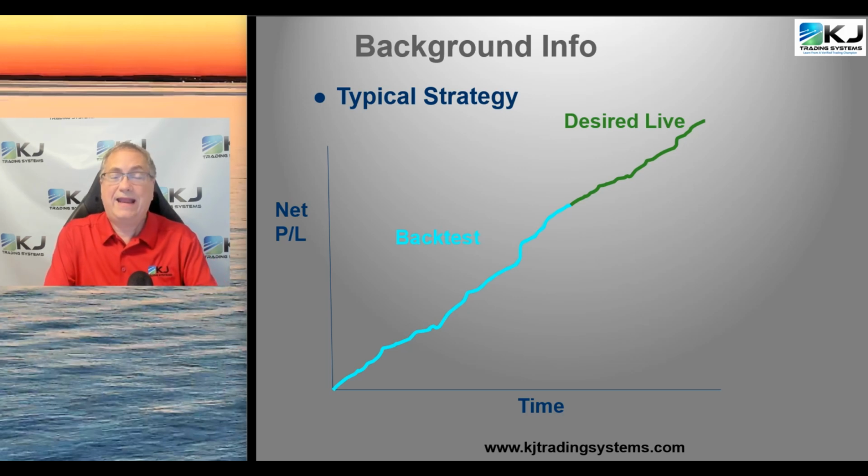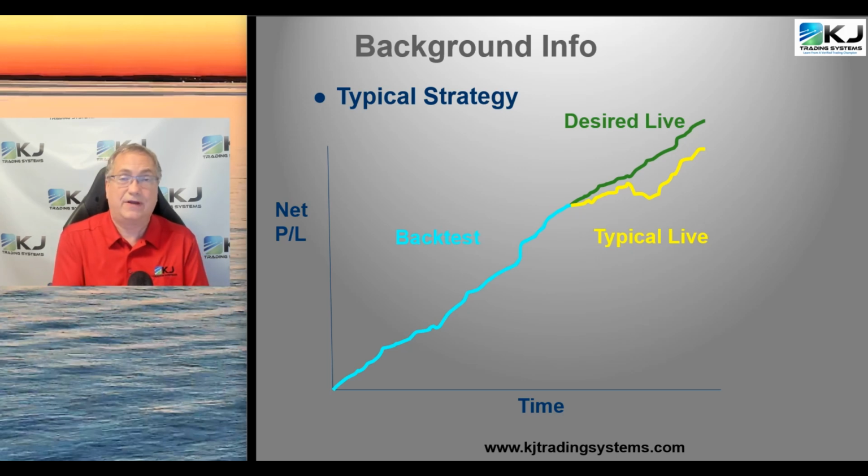So what you get in live trading might look something like this, where it could still make money, but not quite at the same rate, meaning the slope has changed, and maybe there are bigger drawdowns. And you can see, just as an example, there's a big drawdown there that you didn't see during the back test. So there's two types of degradation that could happen.